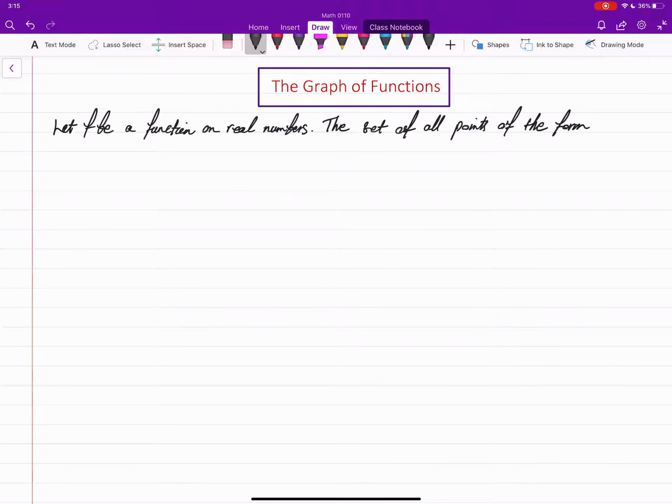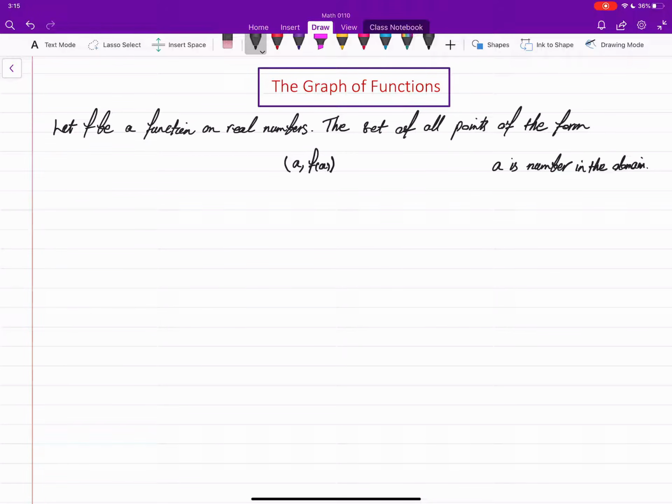So you put all the points of the form that the first component can be any number a in the domain, but the second component or second coordinate would be the value of the function at that number. Whatever the first component is, evaluate the function at that point and then plug it into the second component.